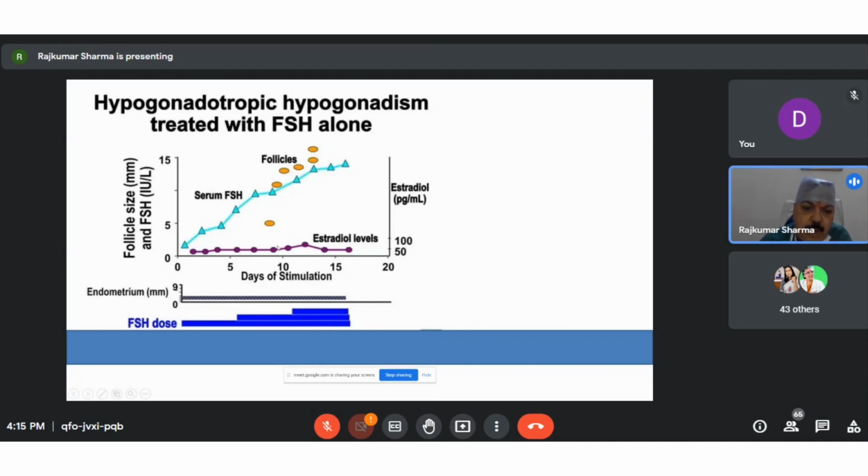However, the estradiol level would not grow commensurately. As a result, the endometrium would remain thin. So that means FSH can grow the follicles, but the estrogenic environment will not be there. So not only will the quality of the oocyte be poor, even the endometrium will also be poor.